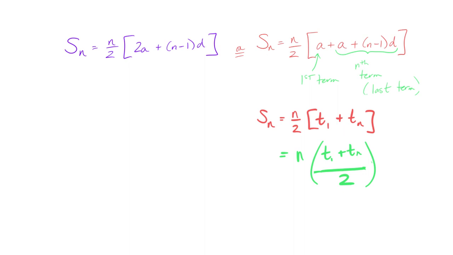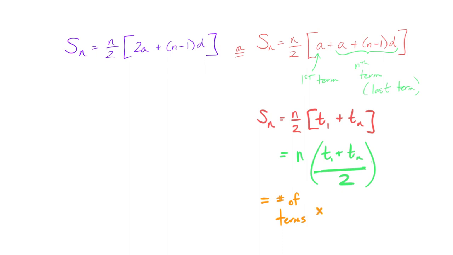Now, what's the importance of that? Well, I'll be honest with you, I don't really like my green. I think it looks a little messy. So I'm going to just tidy that up. That's better. If I was to put words to that, I could say the sum of n terms is n times, well, what does n represent? It's my number of terms.